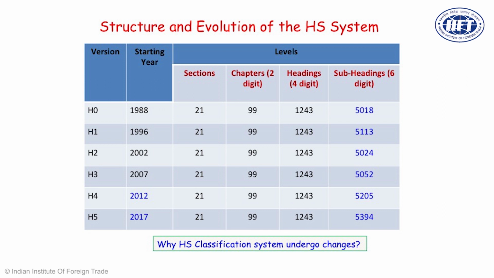At HS 2-digit, 4-digit and 6-digit, the classifications are called chapter, heading and subheading respectively, and below the 6-digit, the 8 or 10-digit codes are called the tariff line, or the actual traded products. One thing you must have noted is that the chapters and headings are not changing over the period. The HS classification is changing almost every 5 years.